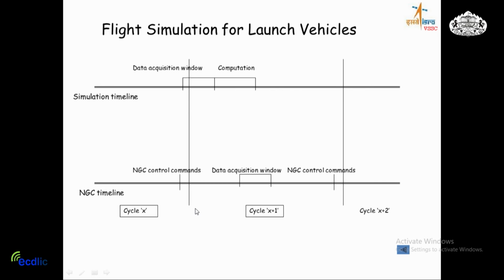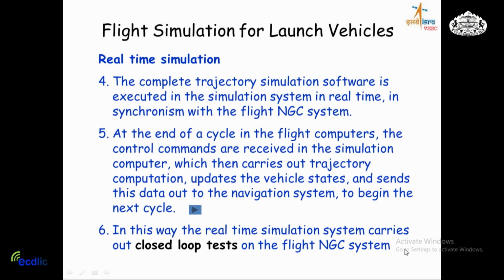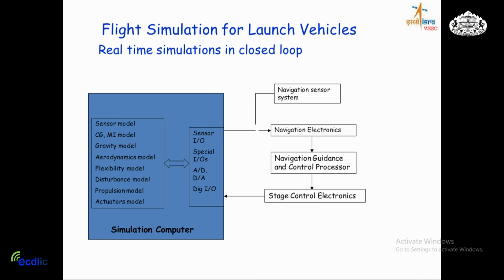When we came down to finding out why, we found that the simulation computer, a new thing which we had bought, had some inherent delays, and there we had to cut it out. So this is how closed loop tests are carried out for NGC.